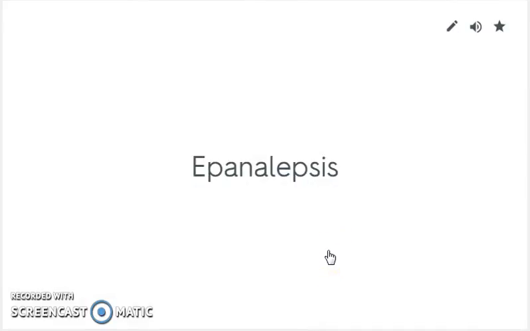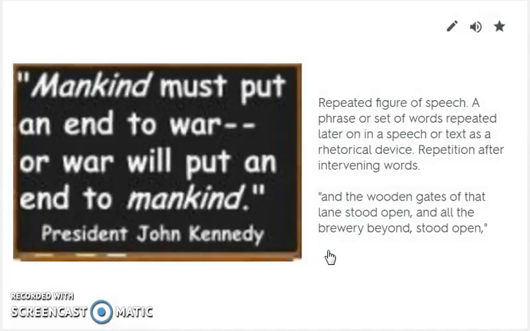Epanalepsis. Epanalepsis is a repeated figure of speech, a phrase or set of words repeated later on in a speech or text as a rhetorical device. Repetition after intervening words is probably the easiest way to remember it.